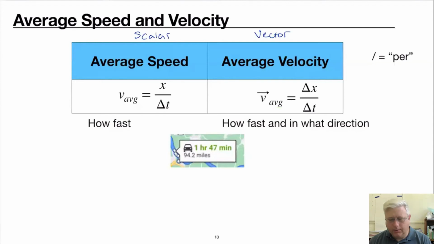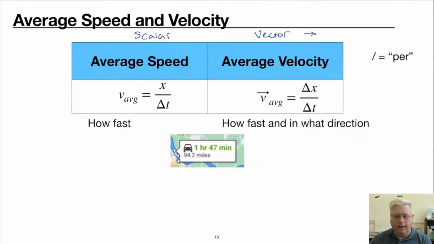And even though they're both a v, one way we can distinguish between speed and velocity is that you see there's this little arrow on top of that v for velocity. Usually when we write a symbol for a vector, we tend to put an arrow over it. That symbolizes that it's a vector quantity.